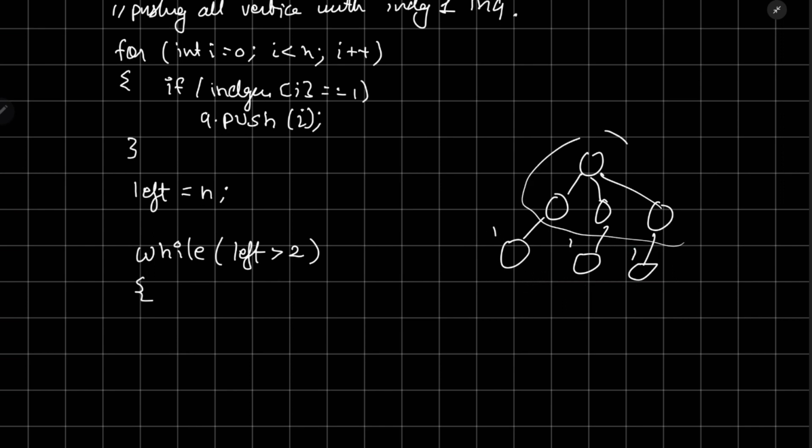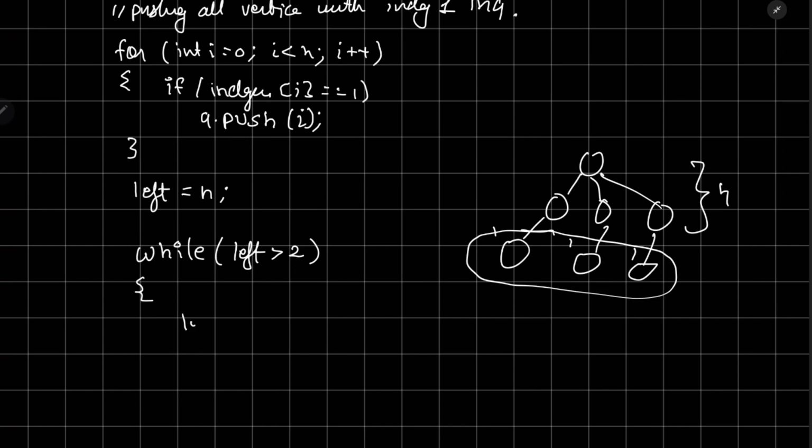The other nodes have in degree greater than 1. So now in the queue we have pushed these many nodes. Now that we have removed them, we are left with only 4. So how we write it in the code is left equals left minus the size of the queue, so queue.size().